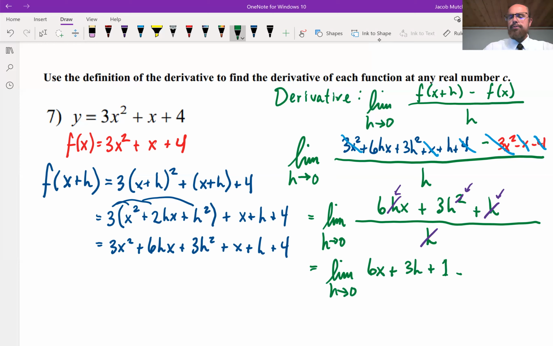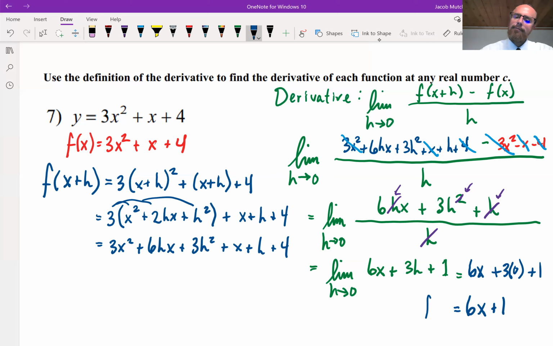Now I'm ready to use the direct substitution to evaluate that. So again, there's nothing about x in the limit. It's as h approaches 0. So this is 6x plus 3 times, instead of h, I'll place 0 plus 1. And our derivative function for this quadratic is 6x plus 1.